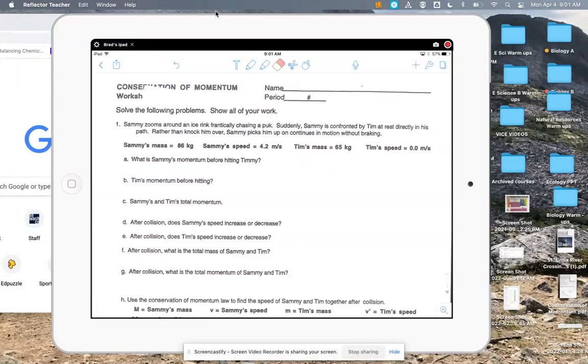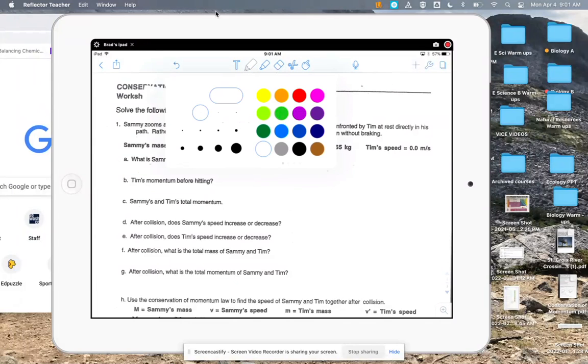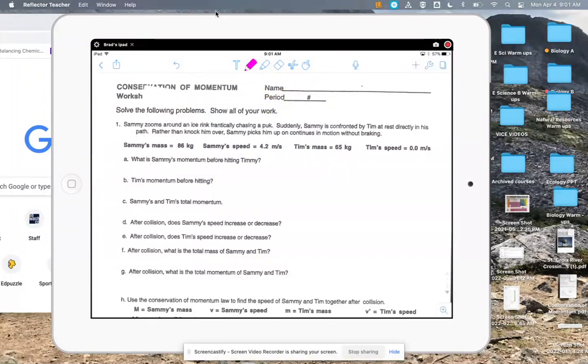All right, so with this one, we can assume that Tim has zero momentum because he has no velocity. But Sammy's the one with momentum. And so Sammy's momentum is easy to calculate by just using the formula p equals mv.